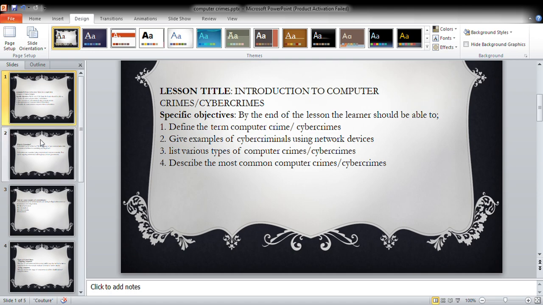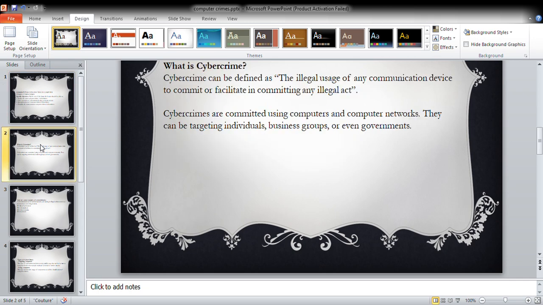So let us begin with the definition of cybercrime. You are all ICT students, and I know in one way or the other you have heard of people talking about cyber crimes. Cybercrimes can be defined as illegal usage of any communication device to communicate or facilitate in committing any illegal act. In other words, cyber crimes are committed using computers and computer networks.